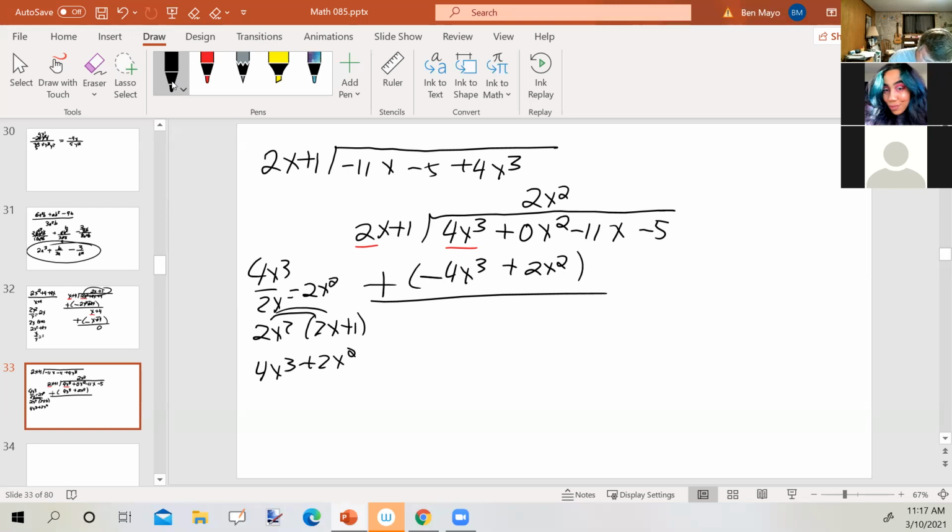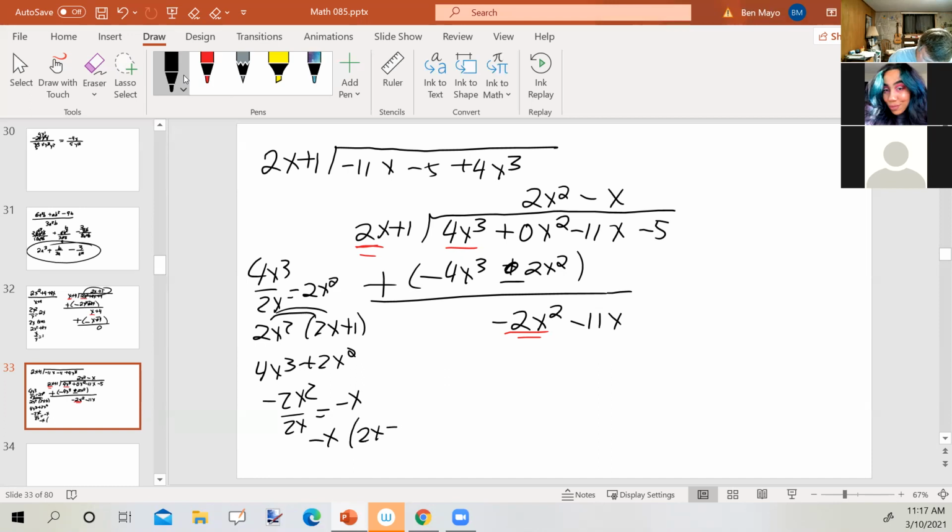We'll change it to addition of the opposite. 4x cubed plus negative 4x cubed is 0x cubed. 0x squared plus negative 2x squared is negative 2x squared. We're going to bring down the next term and start over. Leading term divided by leading term. Negative 2x squared divided by 2x is negative or minus x.